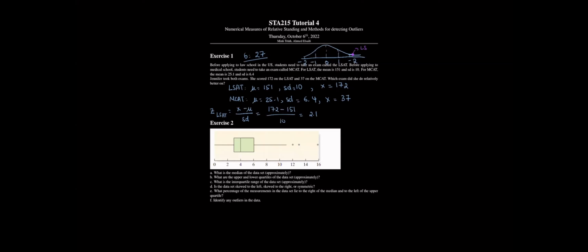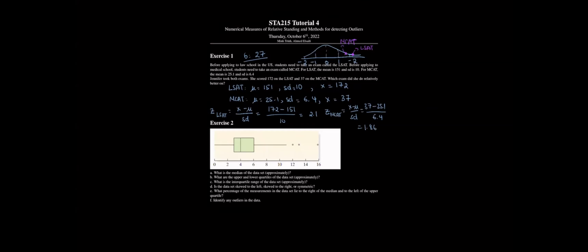And if we calculate the MCAT, also X minus mean divided by standard deviation, 37 minus 25.1 divided by 6.4, we would have 1.86, which is in this part, MCAT.